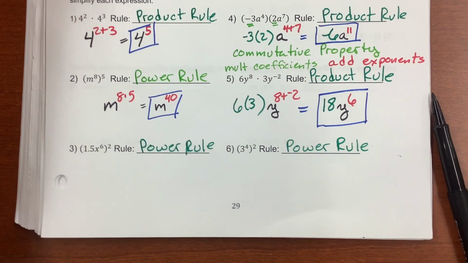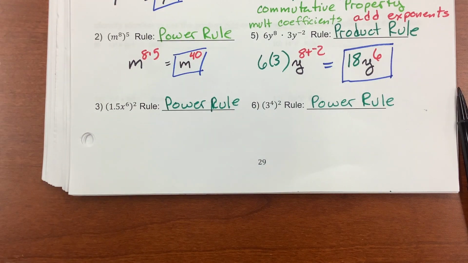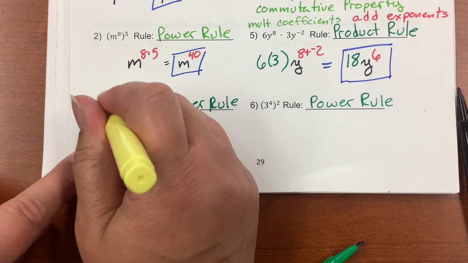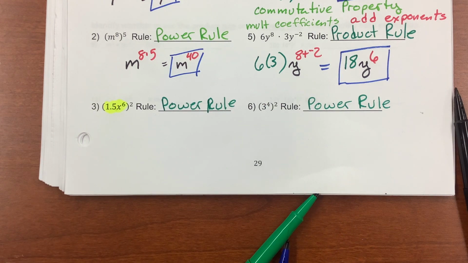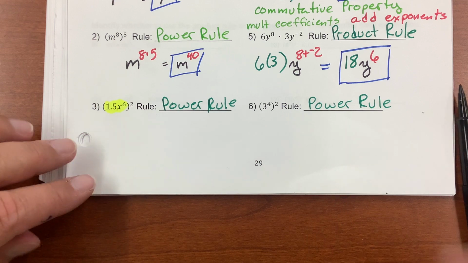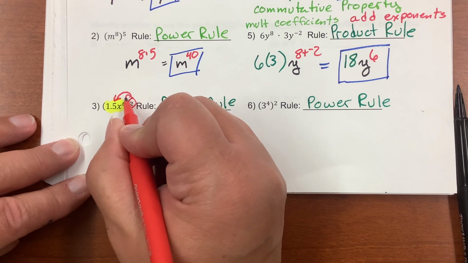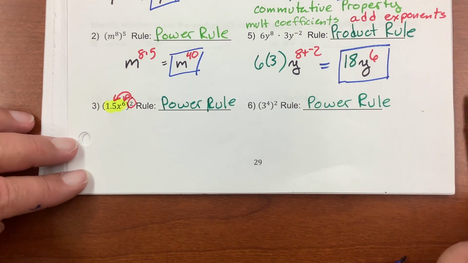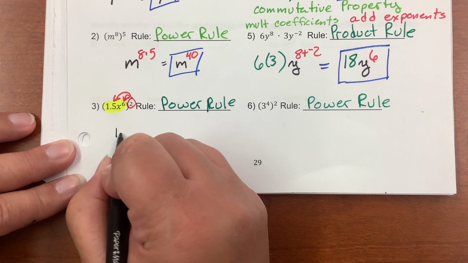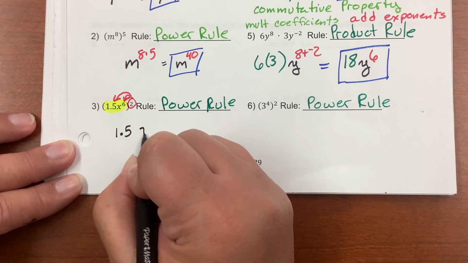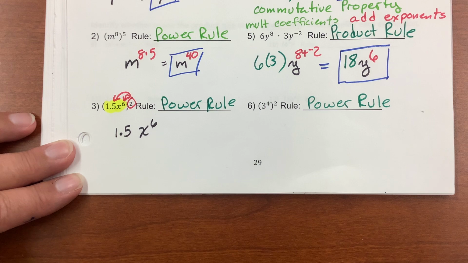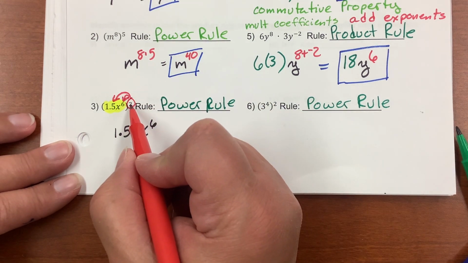All right. Down here, I have the power rule, but in my parentheses, I have a coefficient, a variable, and an exponent. So this whole thing in this parenthesis is the base. And this number on the outside is going to be distributed to the coefficient and to the exponent. So my base is 1 5/10 x to the 6th power, and I'm going to distribute the exponent outside the parentheses.